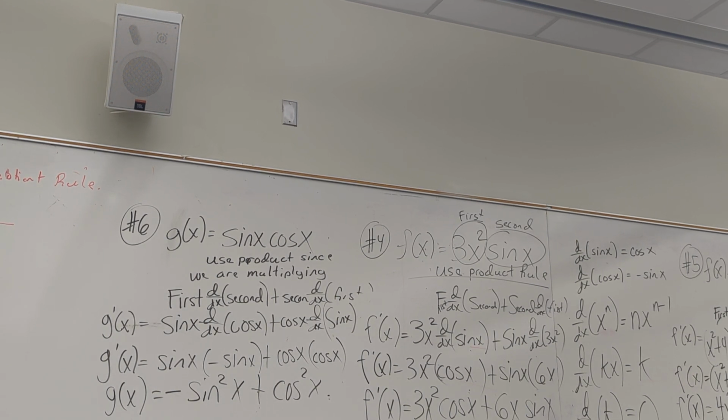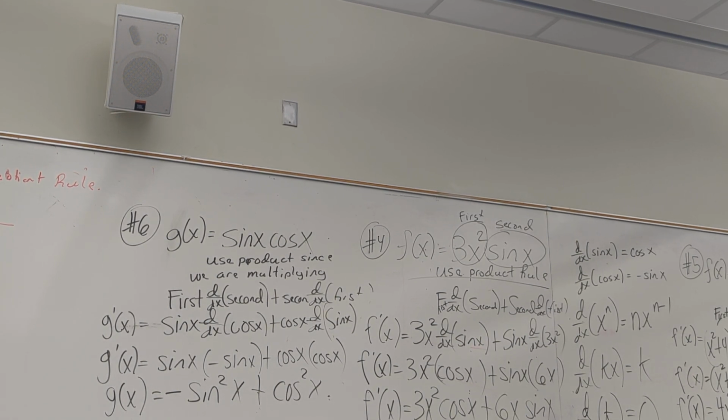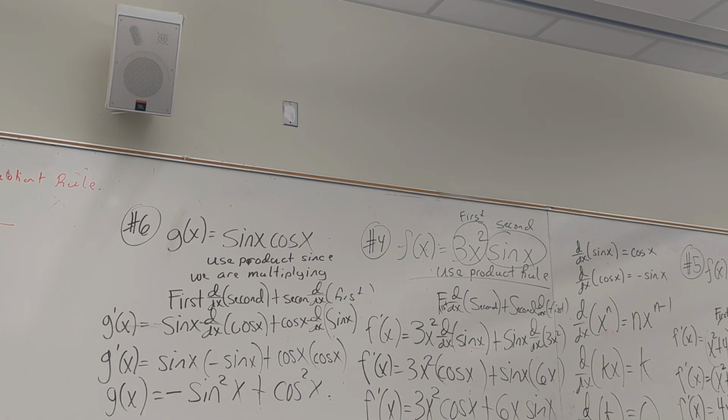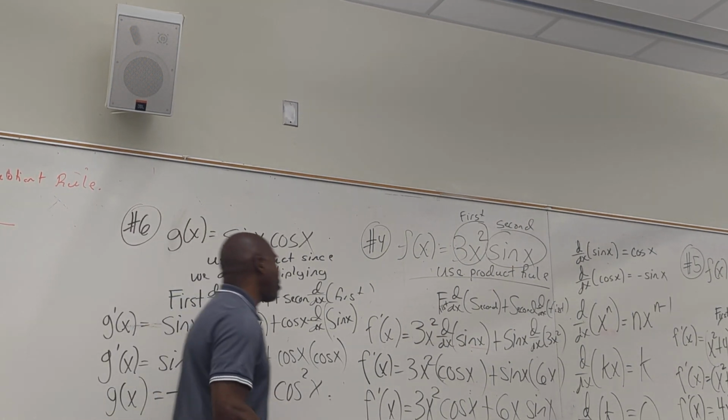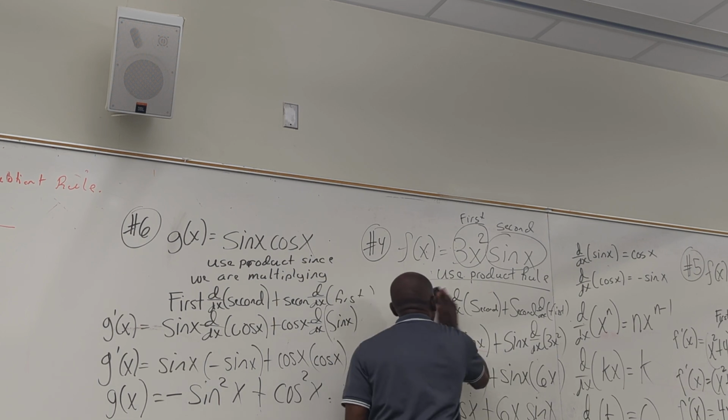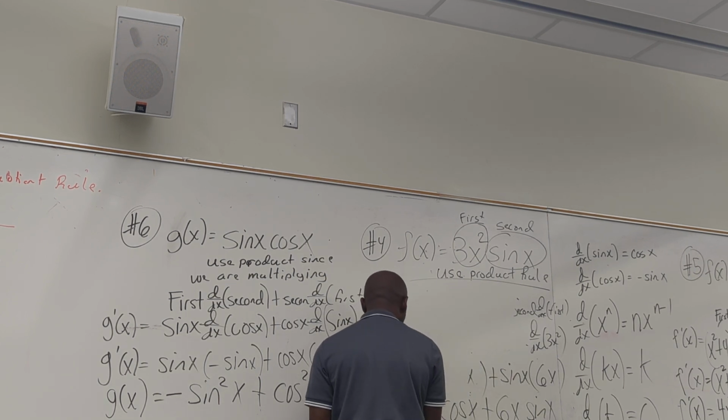Wouldn't that be 1? Class, you want to know if negative sine squared x plus cosine squared x will be 1, yes or no? When is it equal to 1?